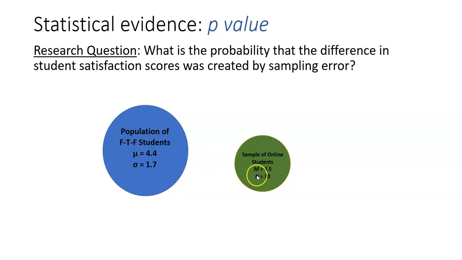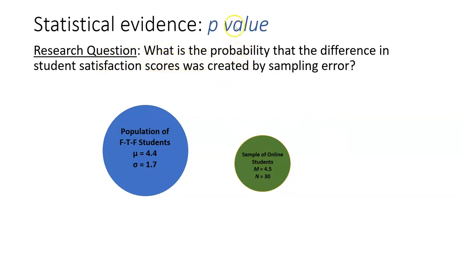So we know that the sample of online students have a higher score than the population of face-to-face students. But because of sampling error, we don't really know. Maybe this sample of students were just crazy good. Who knows? Maybe that sample of online students doesn't represent the population of online students really well. So what we're really interested in here is this research question up here.